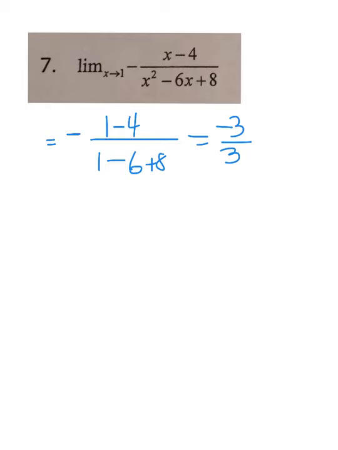And oopsie, what else did I forget to do? Let me just change my pen color here. And you should see that this negative that I had right here, I forgot to bring that through. So I'm going to put it there in red so you can see it. So I have a double negative there, right? So my answer will actually be a positive 1. And there's your answer.